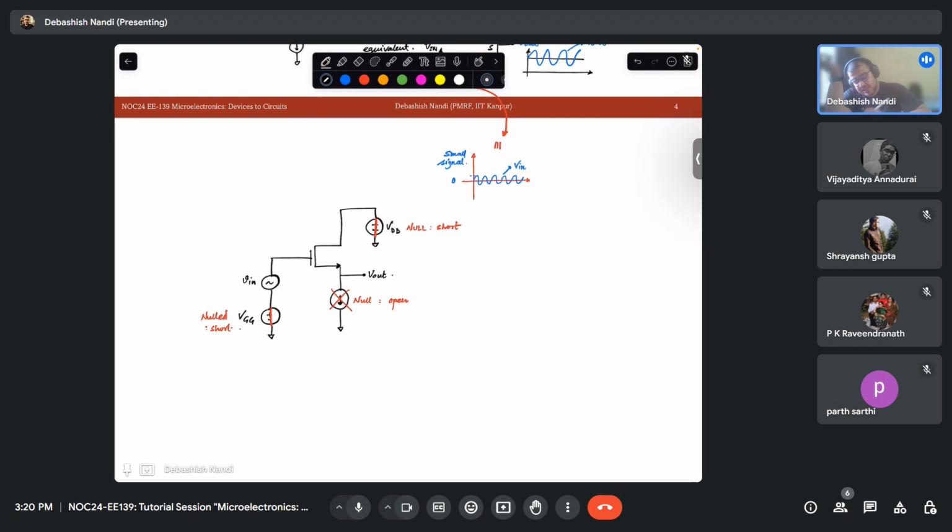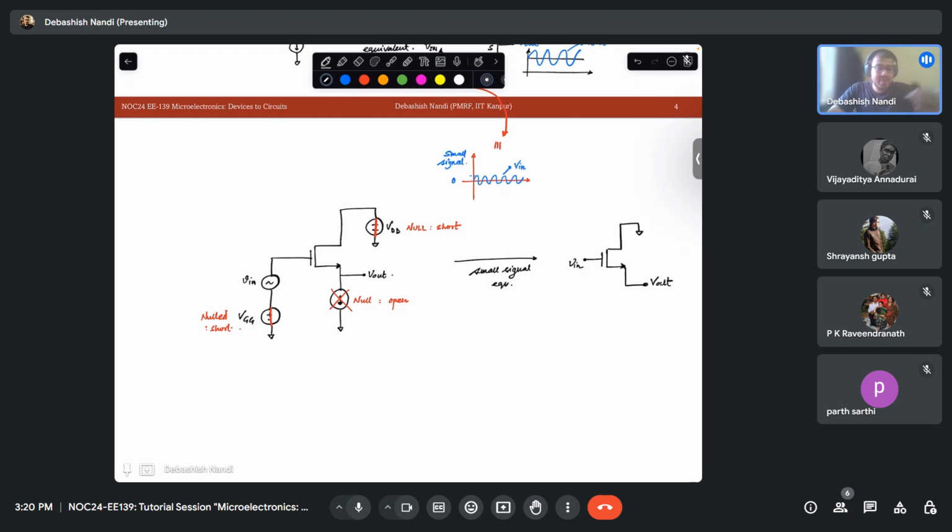So your small signal equivalent becomes, this becomes grounded, this becomes your V out, and this is your V in. Okay.